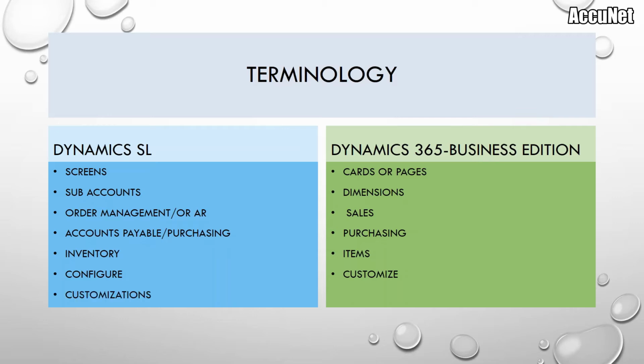And then in SL, if you want to truly customize, where you create new screens and new processes, they call that in Business Edition development. And with your license, you would have at least one development license, and that would be someone who could do more than just configure your system or minor customizations or personalization.